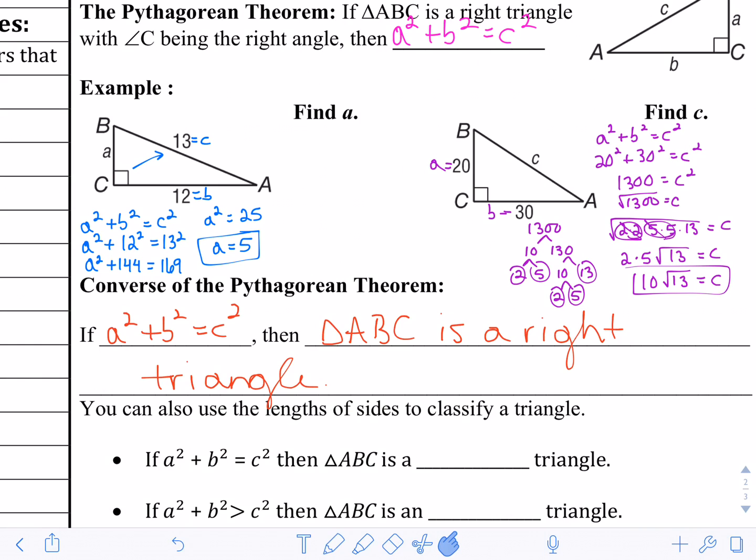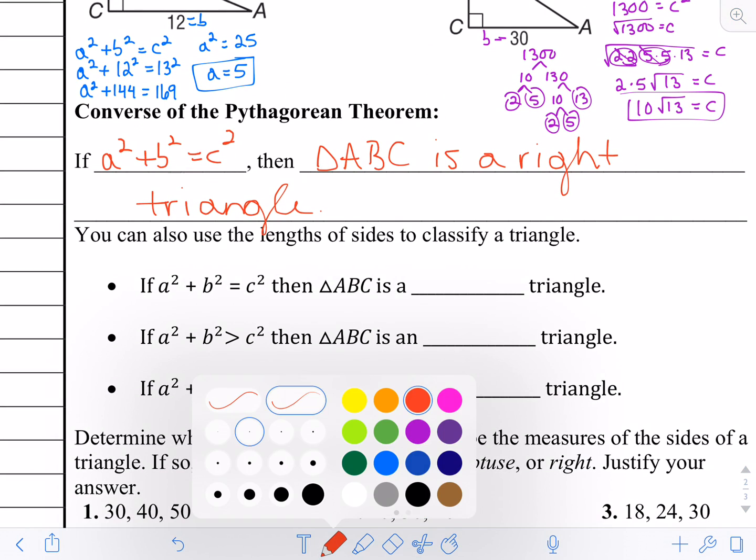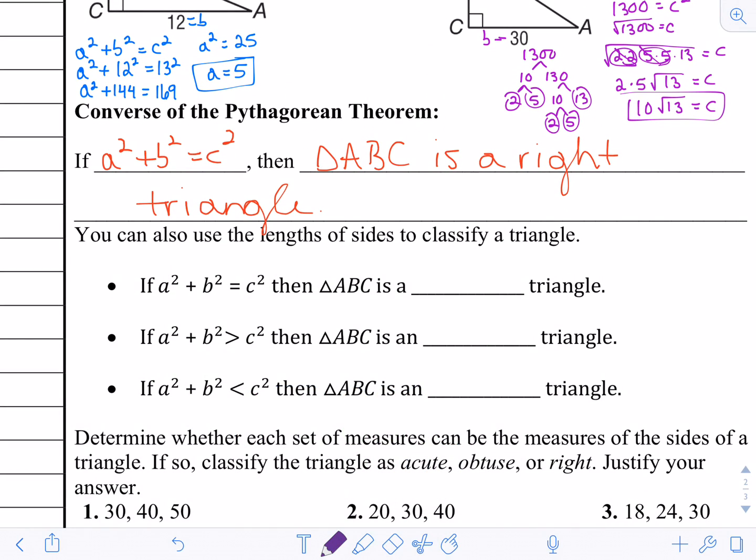Okay, so from this, the three things that we have: if A squared plus B squared equals C squared, then triangle ABC is a right triangle, and that's if you have the equal sign. If it is the greater than sign, then you have an acute triangle, and if it's less than, you have an obtuse triangle.